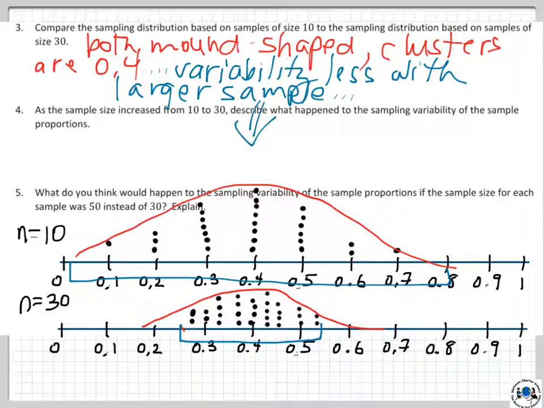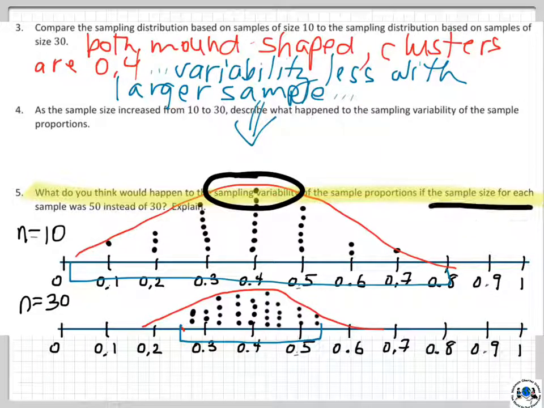Okay, all right, so next question, hypothetical question here. What do you think would happen to the sampling variability, okay, of the sample proportions if the sample size for each sample was 50 instead of 30?